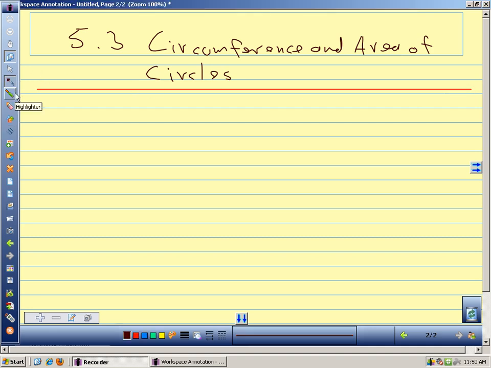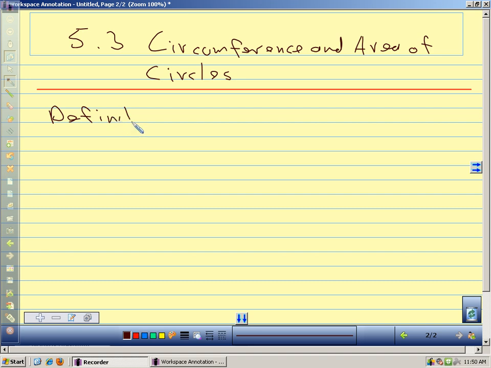So I'm going to start quickly with a definition of a circle. We're going to talk about circles and the definition a little more later. We're going to come up with an equation for a circle. But I just want to mention this so that we've seen it before, and I think it'll help us understand what we're talking about.